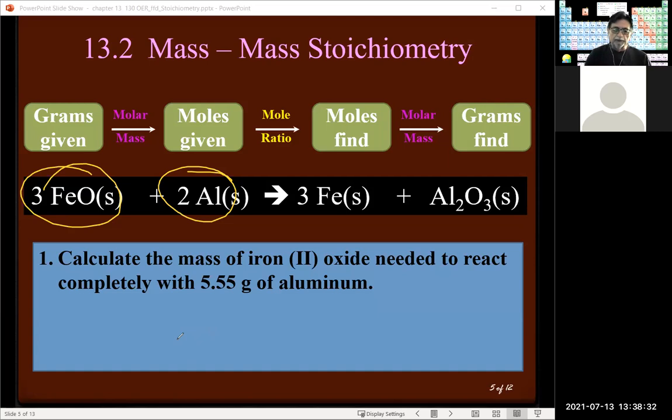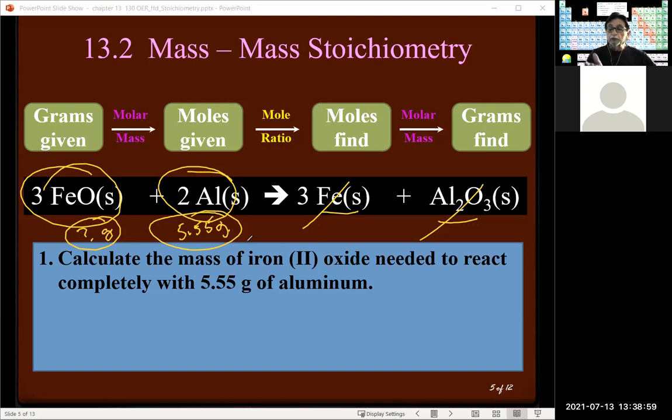We are given 5.5 grams of aluminum. How many grams of iron 3 oxide are needed is the calculation. We don't care about the products because they're going to be there; our only concern is how much of the reactants we need to get this reaction to proceed.